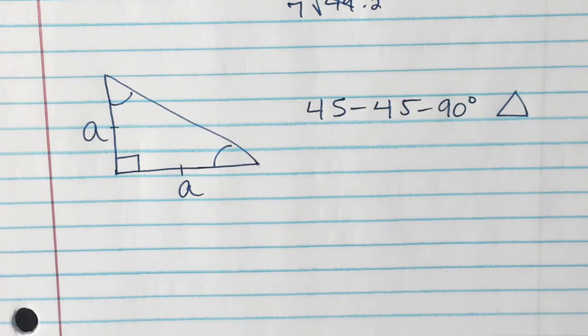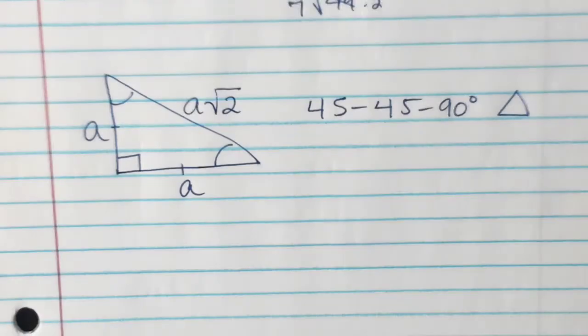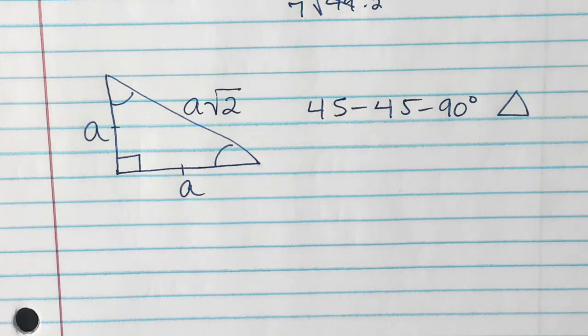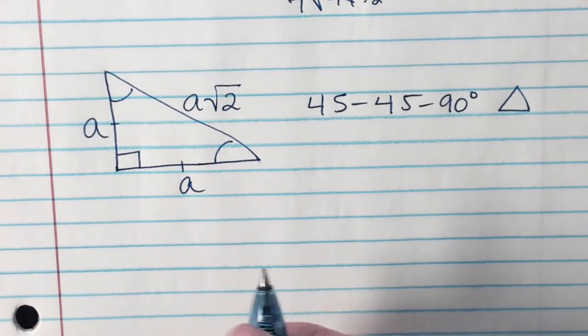They're the same. It's 45, 45, 90. And your hypotenuse will be the length of the leg times root 2. Every single time. Questions on that generic one?